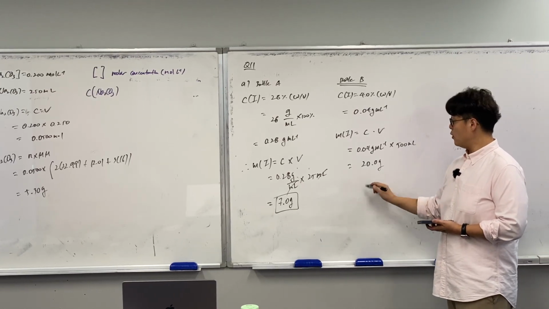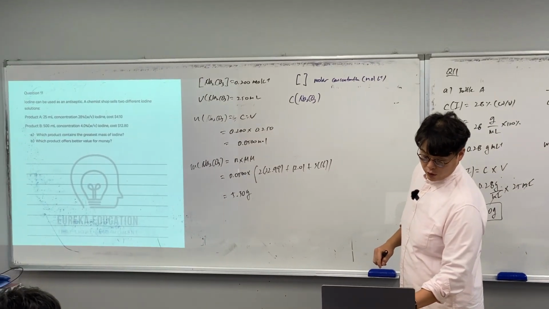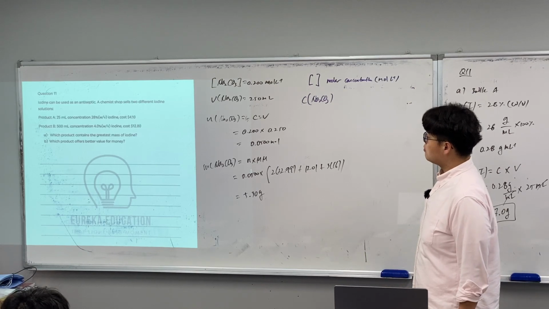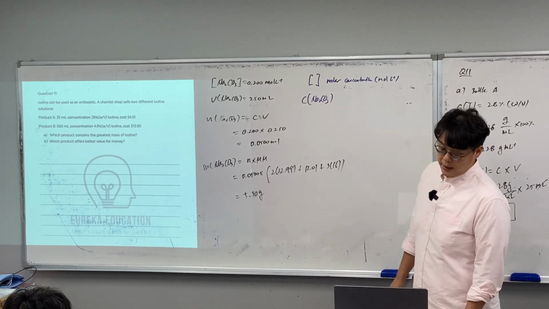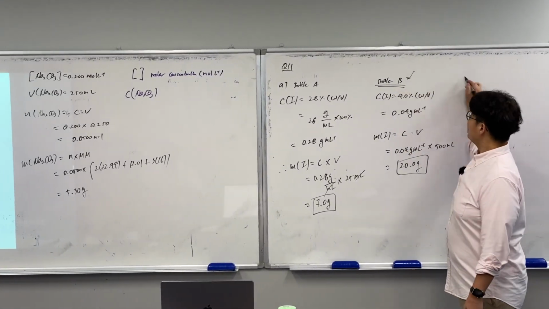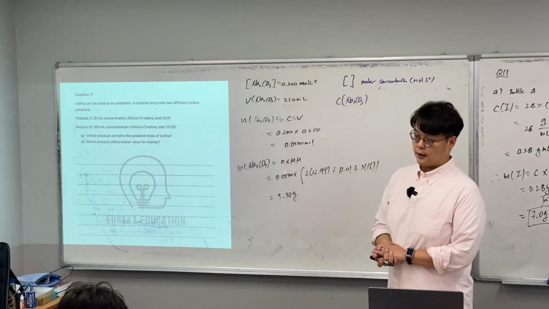We're good? Therefore, which one has more? Bottle B has greater mass. Which one offers the best value for the money then?